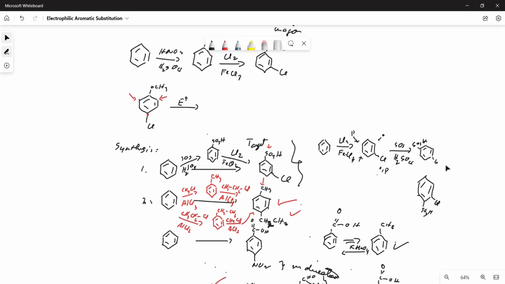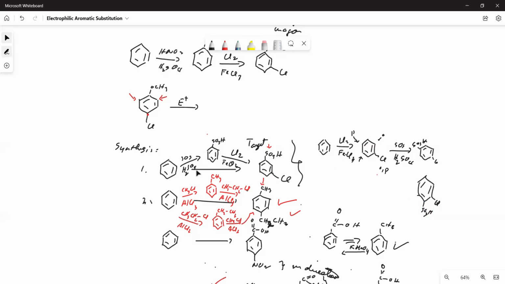And if you notice, these two products are not the target product. Look at the target product. It's meta. The sulfonic acid group should be at the meta position. But here, the sulfonic is at the para and ortho. So you made a mistake in the sequence.